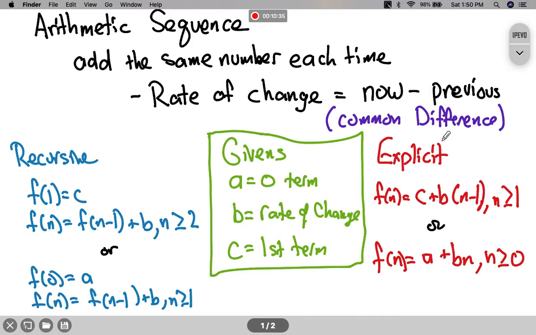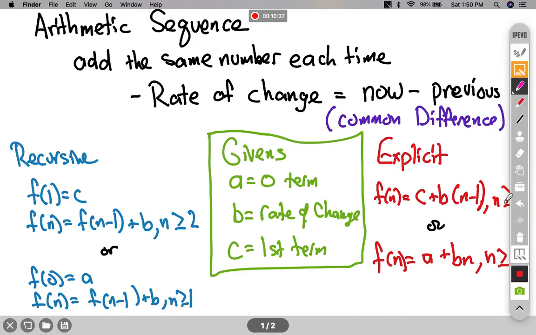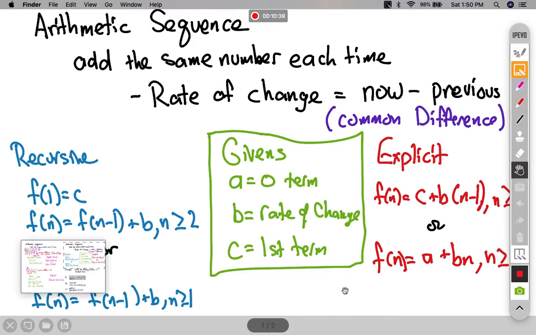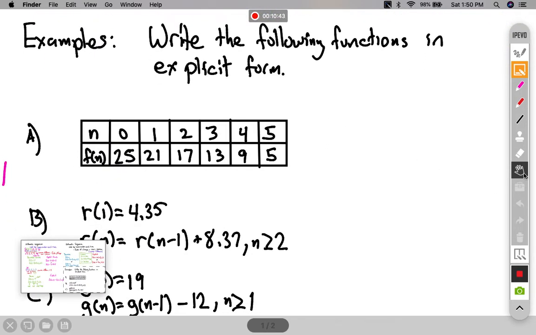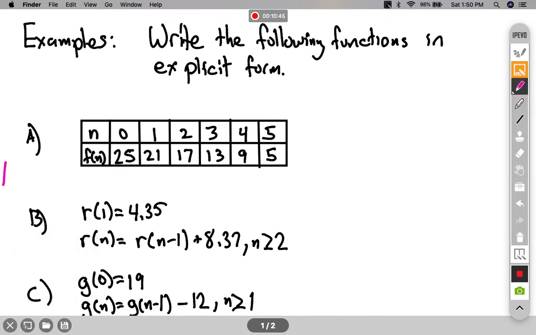So let's give you a chance to try some of these. For these 3 examples, see if you can write the following in explicit form. So pause the video, try to do the 3 problems, and then unpause it, and you can see what the answers will be.